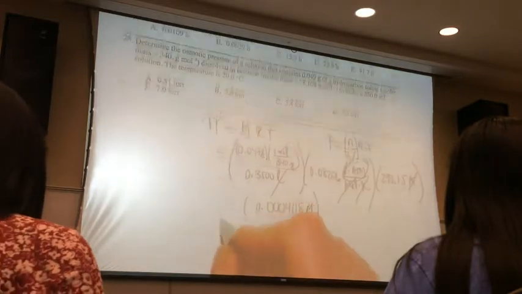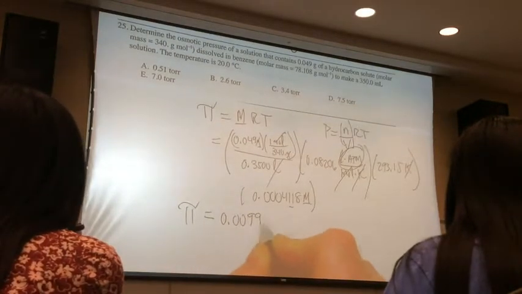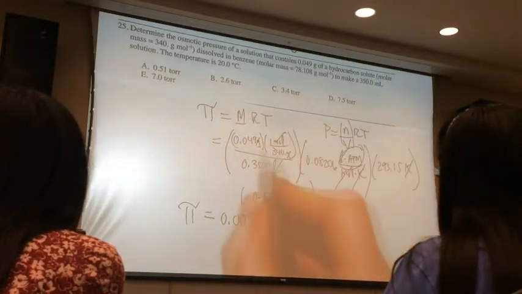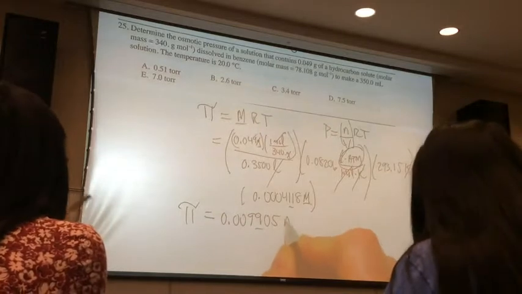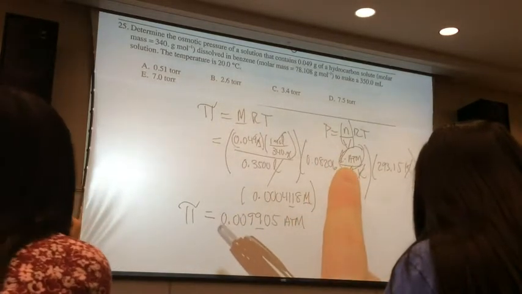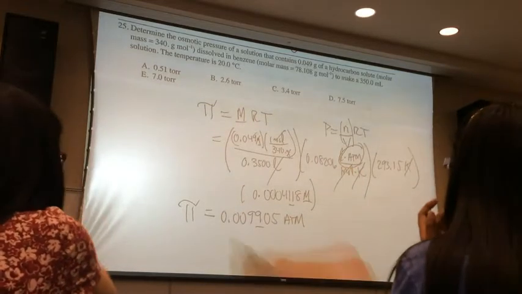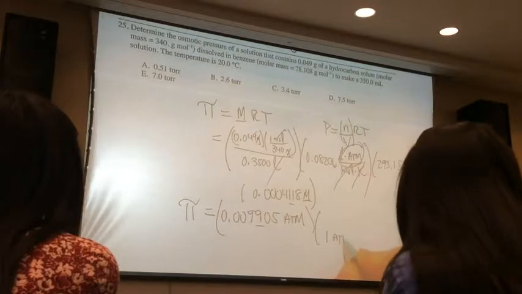So I have a pressure of 0.0099 atmospheres. Got 2 sig figs actually, so we're going to have 2 sig figs there. Atmospheres, that's the units that come out of this. And then I need to convert it to torr, so I know each atmosphere has how many torr in it?